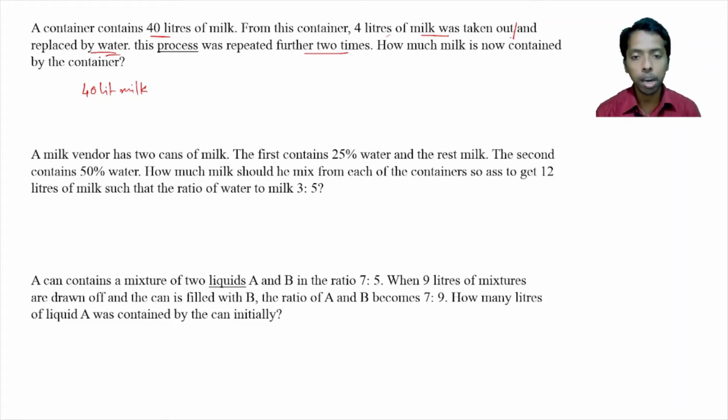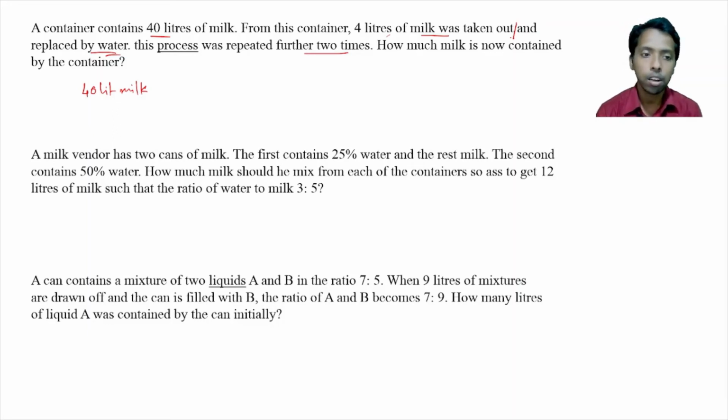Whatever percentage of the milk is removed from the mixture and then replaced by water or some other impurity obviously decreases the concentration of the initial quantity, that is milk here. So the concentration of milk goes down after adding water; the same quantity that was taken out and replaced by water reduces the concentration of milk.